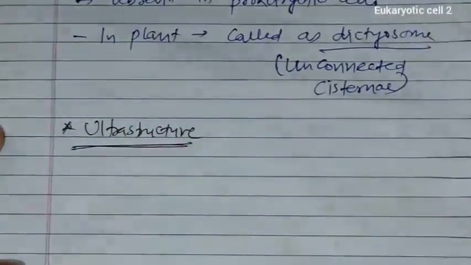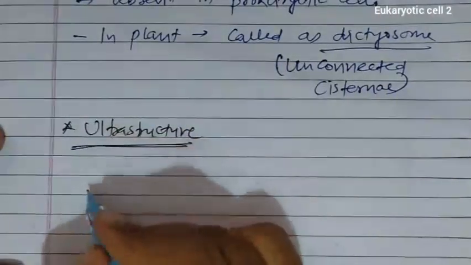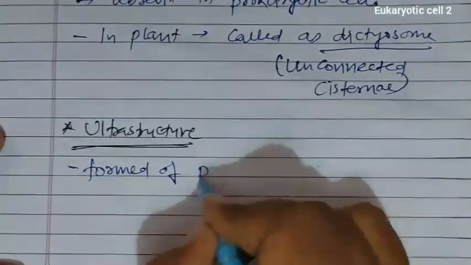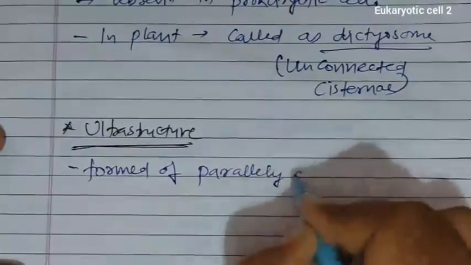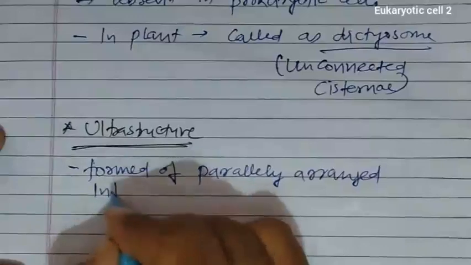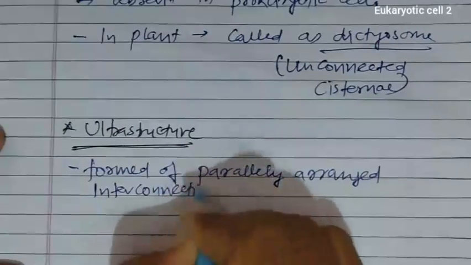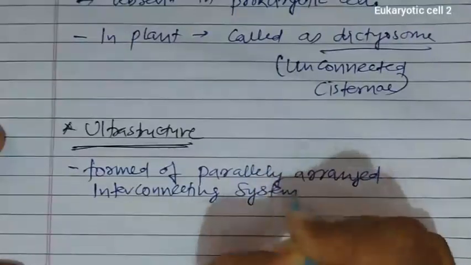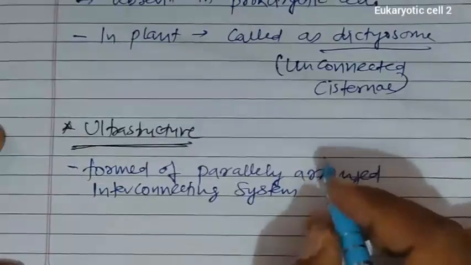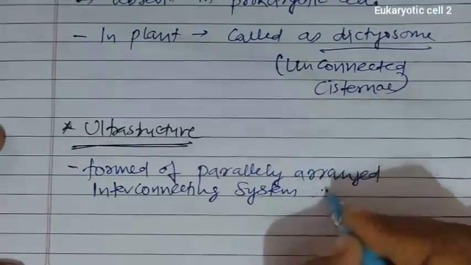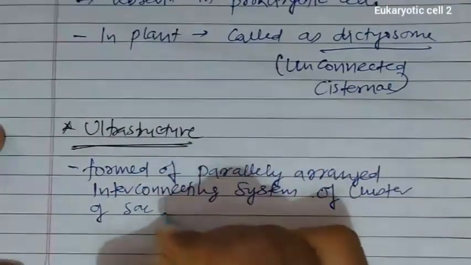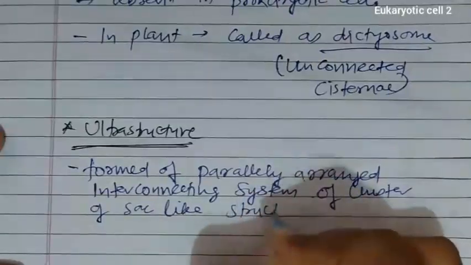And this is the ultrastructure of Golgi body. Now Golgi body is formed of a parallelly arranged interconnecting system of cluster of disc-like structures, interconnecting structure of cluster of sac-like structure.